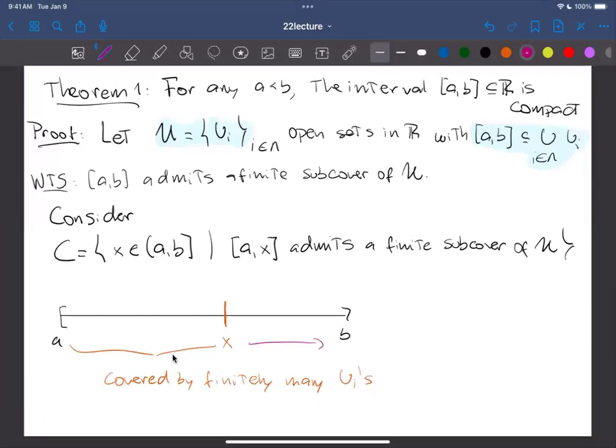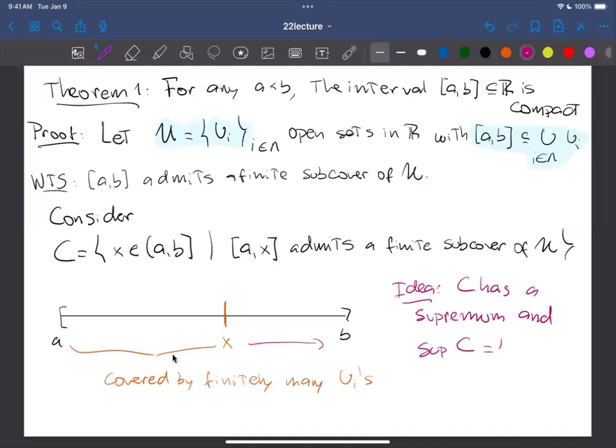Of course, we cannot say X is going to be B, but what we can do is take the supremum of this set, because we want X to get bigger, and prove that the supremum needs to be B. So that's the idea: C has a supremum, and it needs to be B. If we prove this, then we'll be done, because that will mean the supremum B lives in C, which would tell us A, B admits a finite subcover.